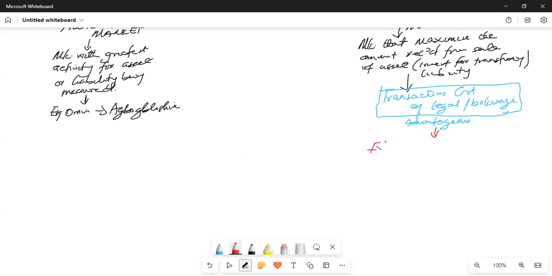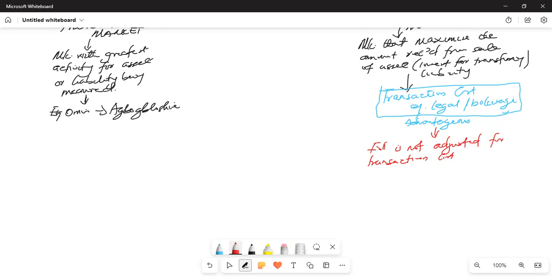So hold on, I say that the fair value is not adjusted for transaction cost.